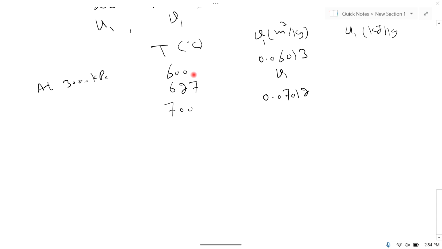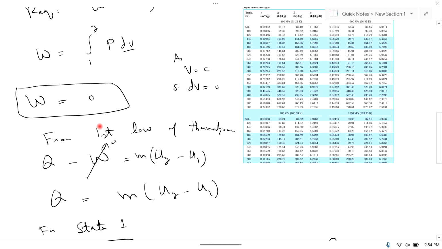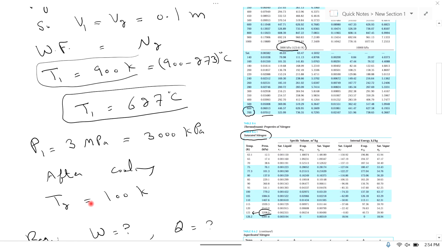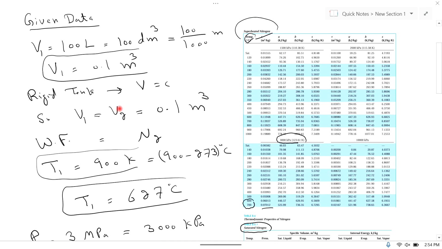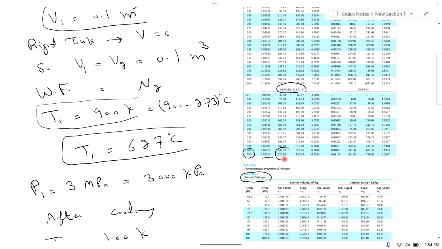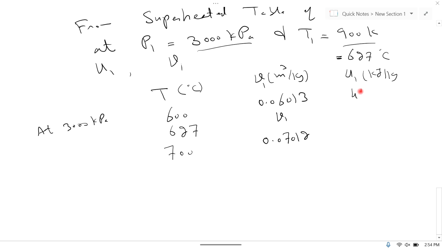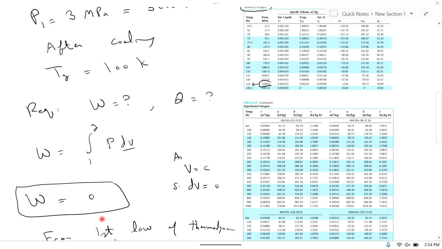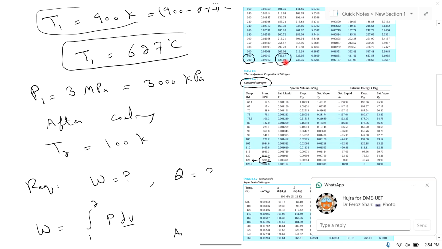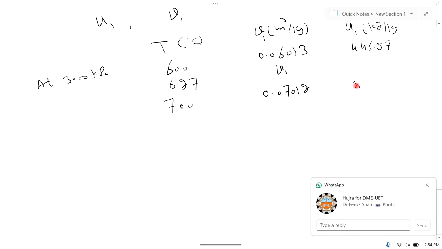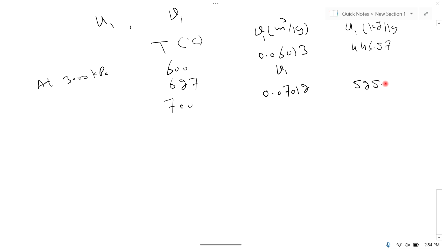Similarly for u1, in front of 600 degrees centigrade the value of u is 446.57 kilojoule per kg, and in front of 700 degrees centigrade this is 525.99, and we have to find u1.